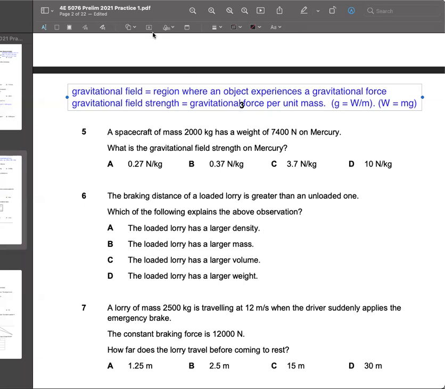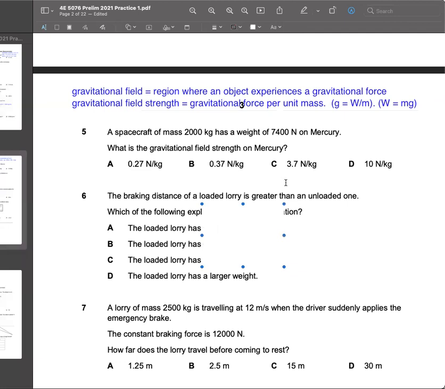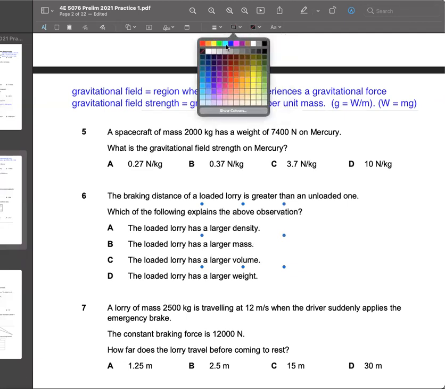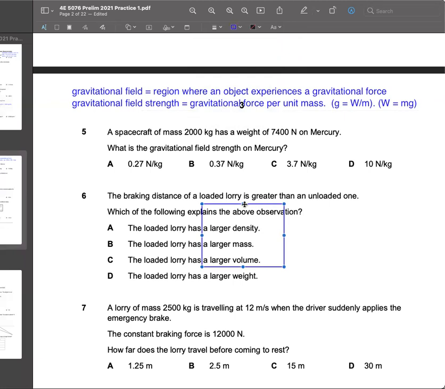Braking distance. It's dependent on the mass. How do you use Newton's law to do this? Inertia. Is it wrong?